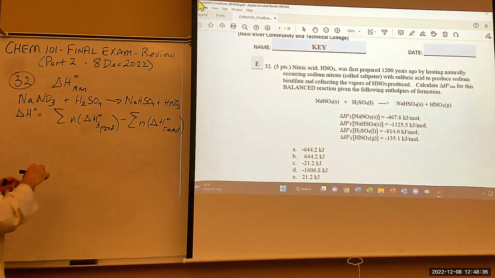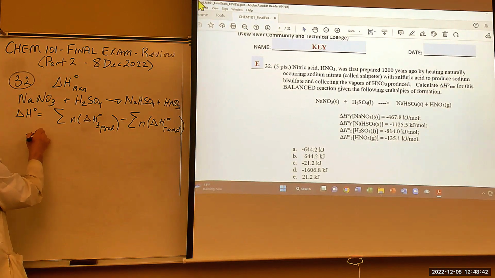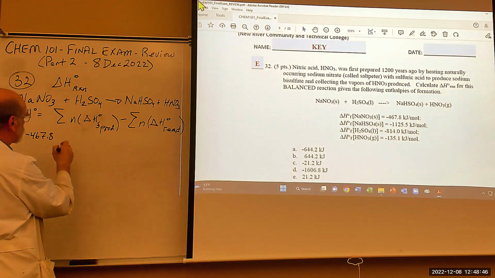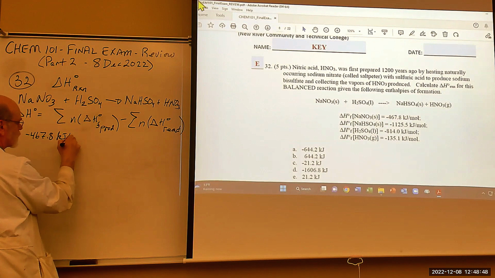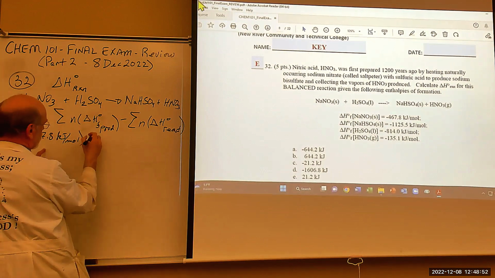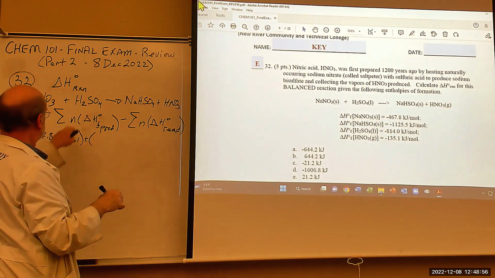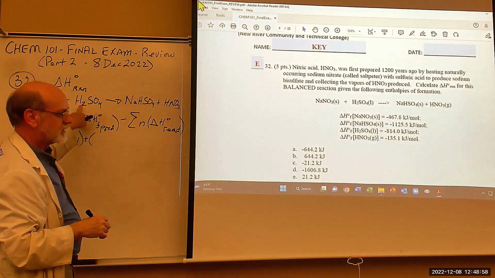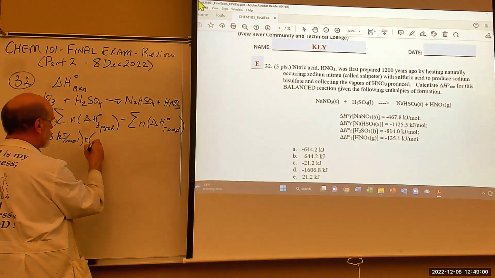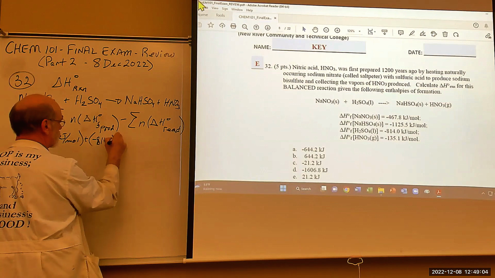Okay. So all we have to do is say, all right, sodium nitrate is minus 467.8, and that's kilojoules per mole. I'll just write it for the first one. And then we'll add, what's the next one? Sulfuric acid, minus 814.0.